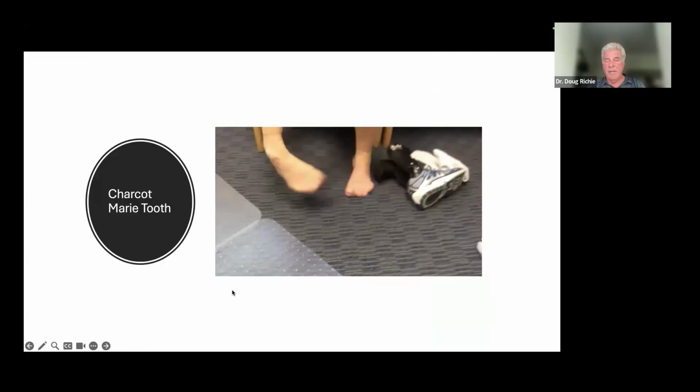This is a patient of mine. She's a registered nurse at our hospital who has foot drop with Charcot-Marie-Tooth, but she doesn't have severe contracture of the calf. So she's an excellent candidate for our dynamic assist brace.